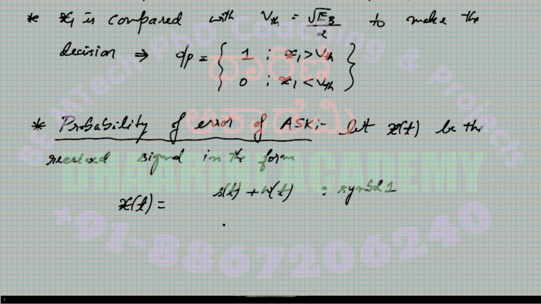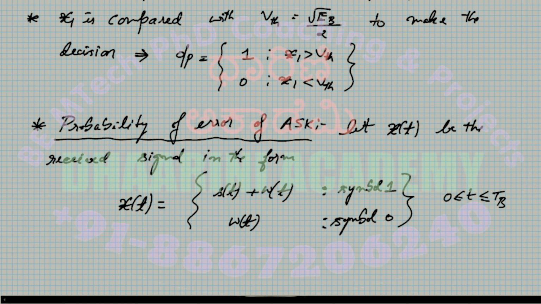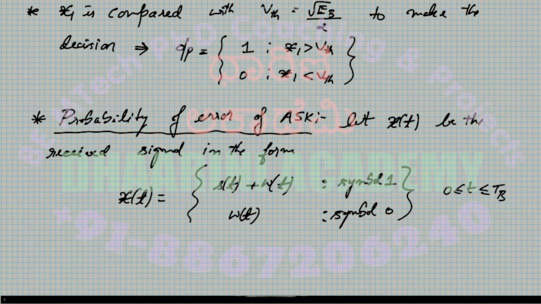Otherwise, it is 0. So when it is 0, it will be added with only the noise, that is W of t. This is when you send the symbol 0. So this is what you are going to receive in case of the practical channel. This is valid for 0 less than t less than or equal to T. All right, now let's try to write the various terms.